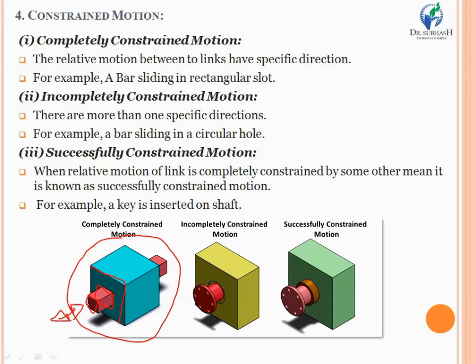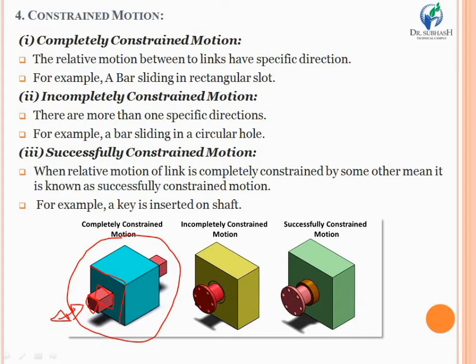So if you are finding any assembly of linkages in which there is only one specific direction in which motion is possible, that will be known as completely constrained motion. For example, a bar sliding in a rectangular slot, or you are giving an external force on a body to move in a very specific direction. All those examples come under completely constrained motion.